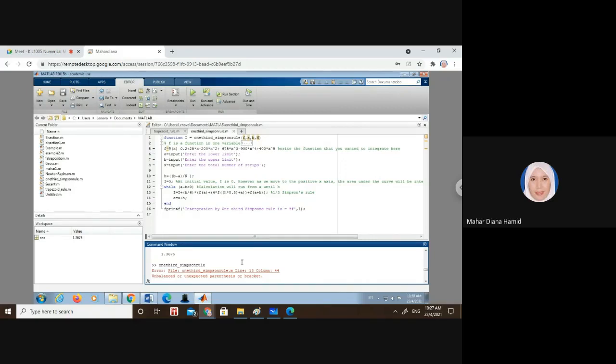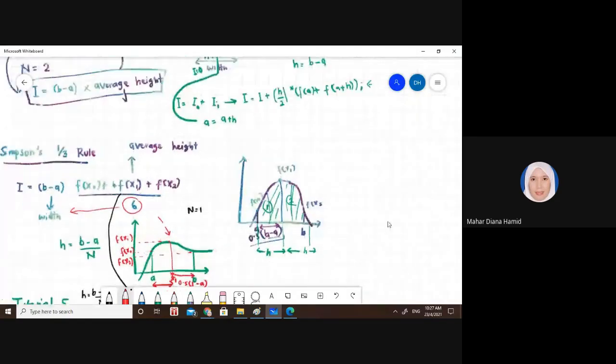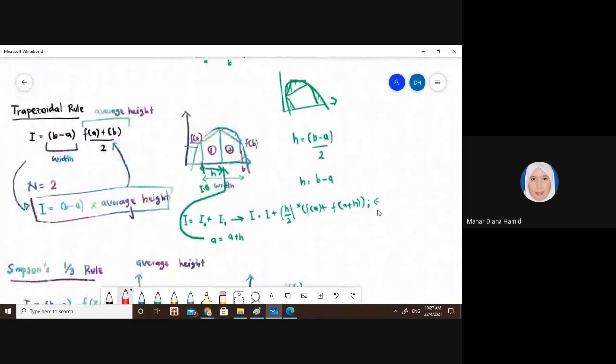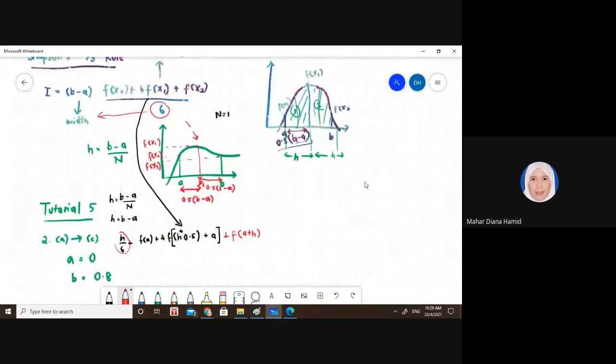As you can see, the one-third Simpson's rule integration value is higher compared to the trapezoidal rule, because the trapezoidal rule seems to neglect some of the value. For example, it neglects this part here. So that's why the value is lower compared to the one we calculate using Simpson's one-third rule.